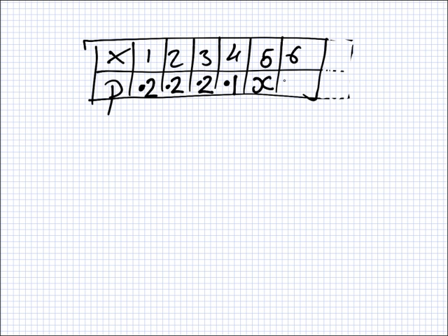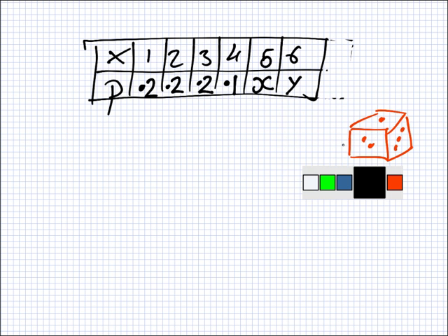That's an X, and that's a Y. And this is a die. And we're missing the probability of getting a 5, and we're missing the probability of getting a 6.